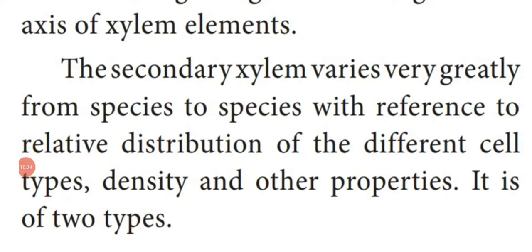So this secondary xylem shows variation from one species to another with reference to the relative distribution of the different cell types, density and other properties. So this xylem is divided into two types: porous wood or hardwood, and non-porous wood or softwood.